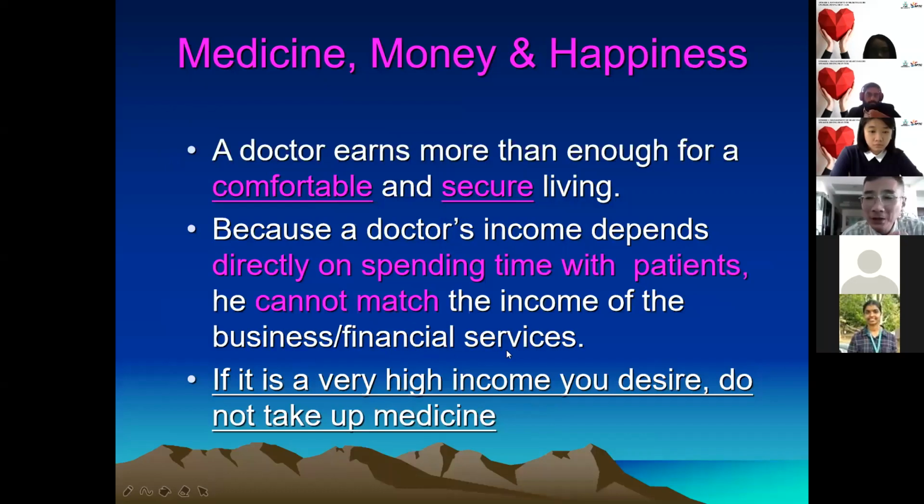You cannot match the businessman, the share trader, the financial analyst. Why? Because we have to spend time to earn our money. Even if you're a great surgeon, there's only 24 hours and you can't operate the whole day. So you must understand, you can earn enough, but you cannot earn a lot. If you want to earn a lot, medicine is not for you. I think that's the first important thing.